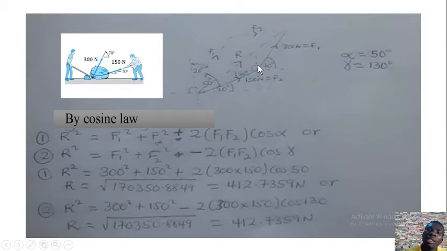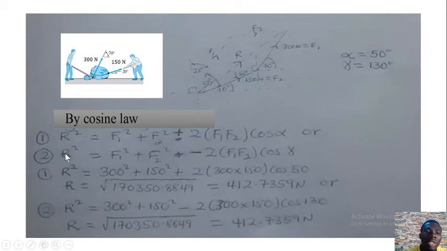Now the angle adjacent to this 130 degrees is this angle. So 50 plus 130 should give you 180. So this angle here is 50 degrees. Now, by cosine law, R squared equals F1 squared plus F2 squared plus 2 times the product of F1, F2 cos alpha, where alpha is the angle adjacent to the angle between the two forces.